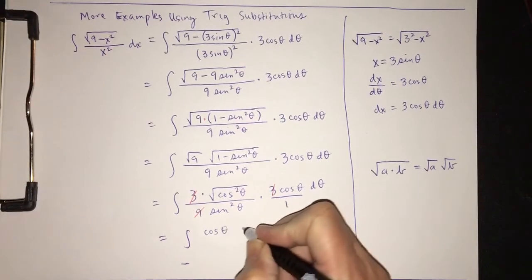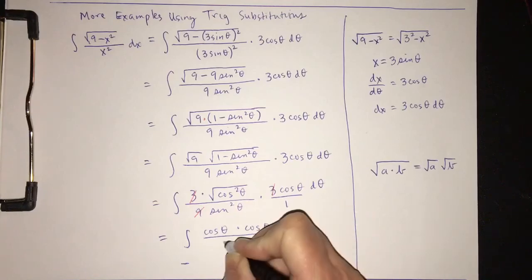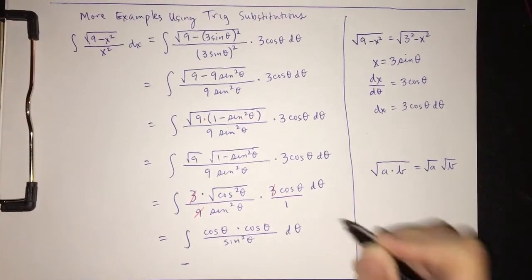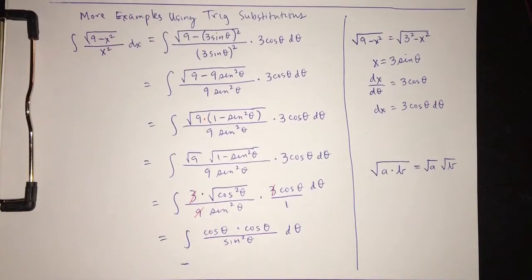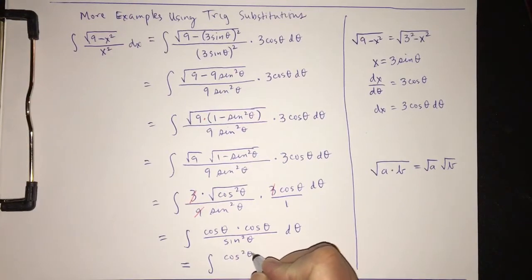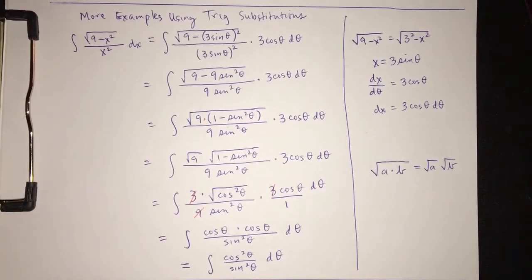So cosine theta times cosine theta over sine squared theta d theta. And so this will equal the integral of cosine squared theta over sine squared theta d theta.